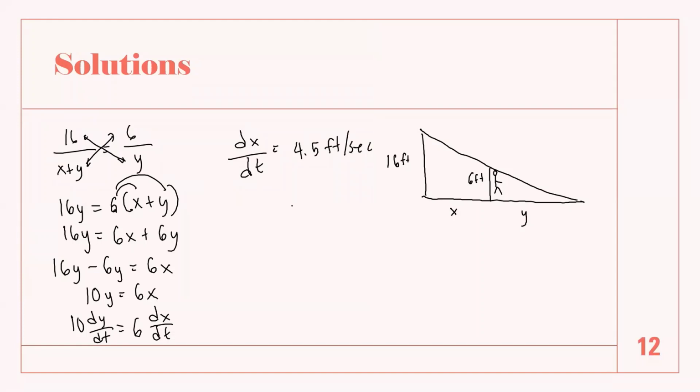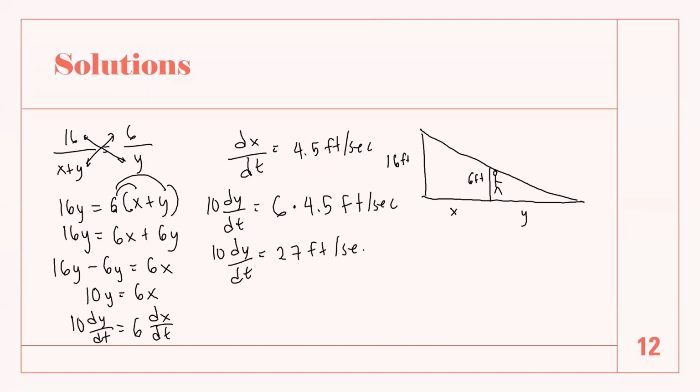So what we are going to do here is substitute the given quantities. So our dx over dt is 4.5 feet per second. So now, we're going to multiply, which will be 27 feet per second. Then we're going to divide both sides by 10.